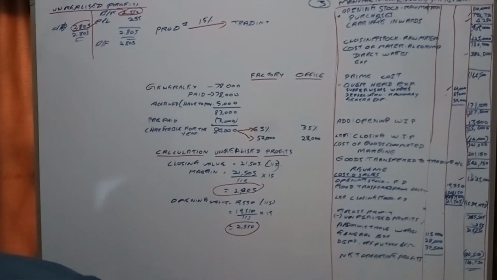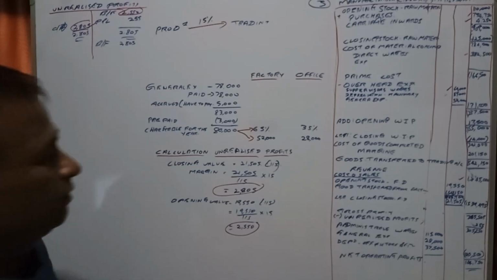And they said in C part, explain why a business might create a provision for unrealized profits, right? That is different. And additional information, budgeted closing inventory value of finished goods at transfer price at 31st October 2015 was 18,400.